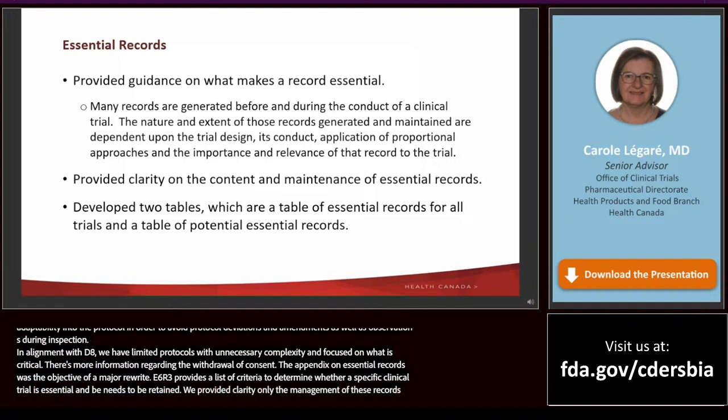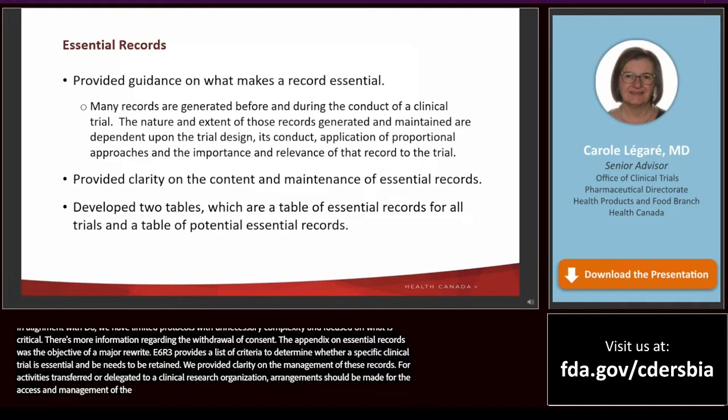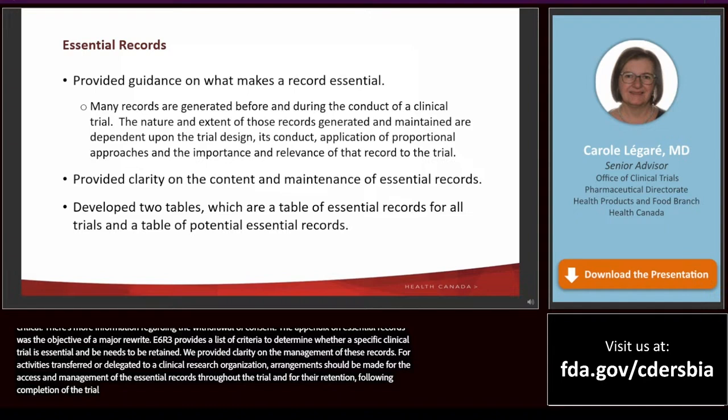For example, for activities that are transferred or delegated to a clinical research organization, arrangements should be made for the access and management of the essential records throughout the trial and for their retention following completion of the trial.